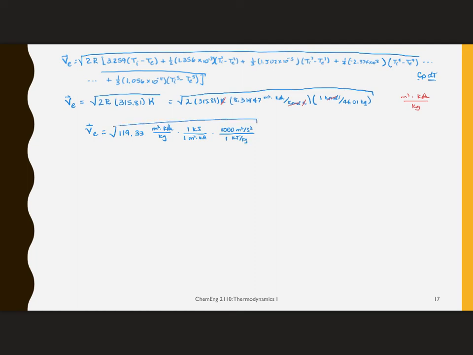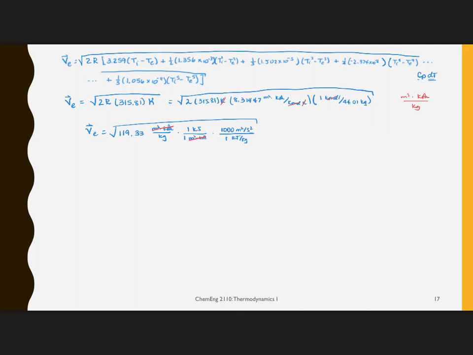Now, I know to go through these steps because I've worked with these units for a long time. This is something that you will get used to, but if this isn't something that's easy for you, just go ahead and write it down.